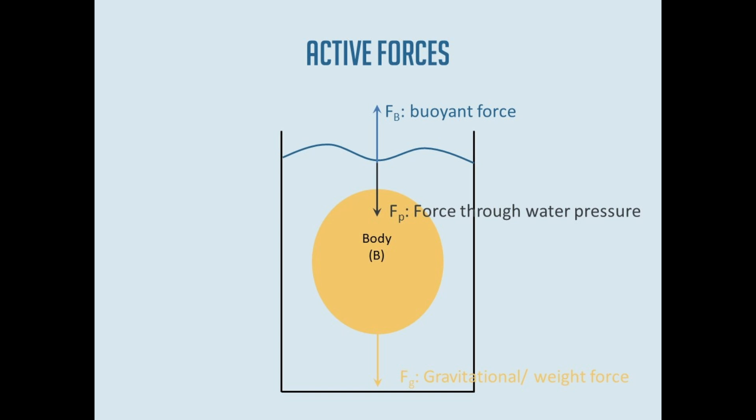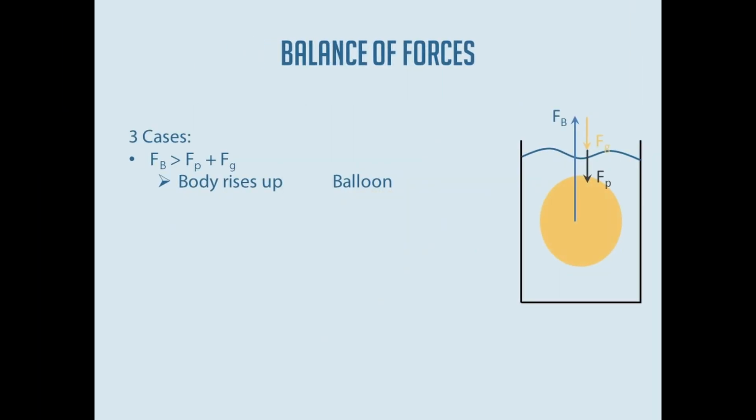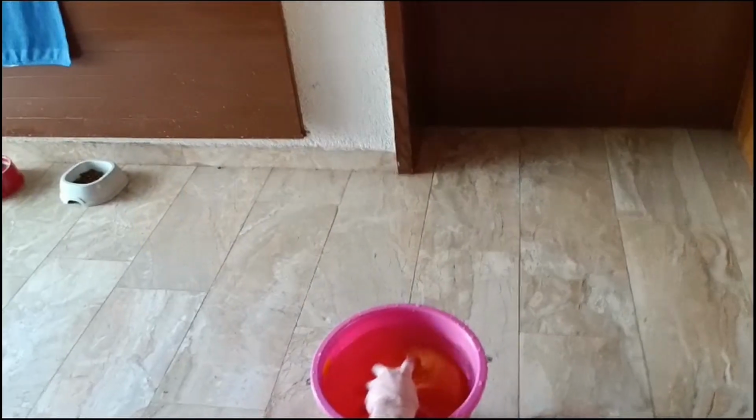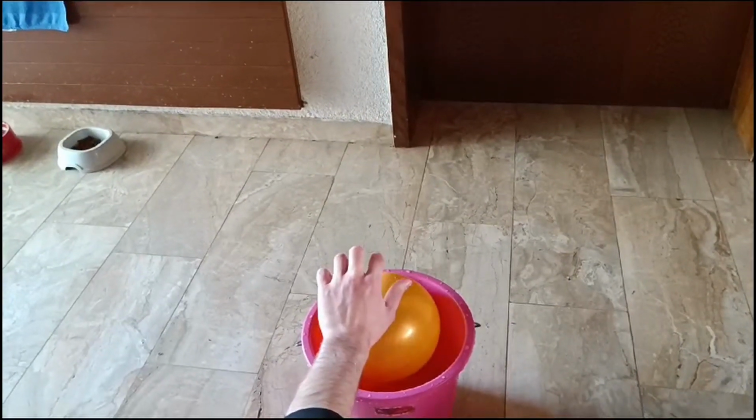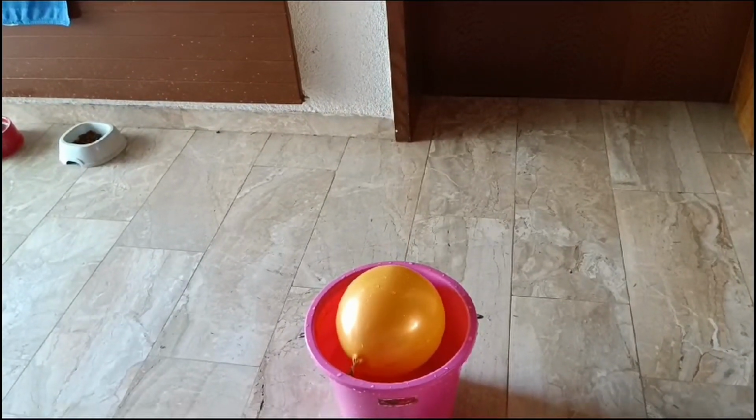With this knowledge, we can now distinguish between three cases. In the first case, the buoyant force is greater than the force due to the water pressure and the weight of the object. In this case, a positive buoyant force acts and the body rises in the direction of the water surface. We have already observed this with the balloon.